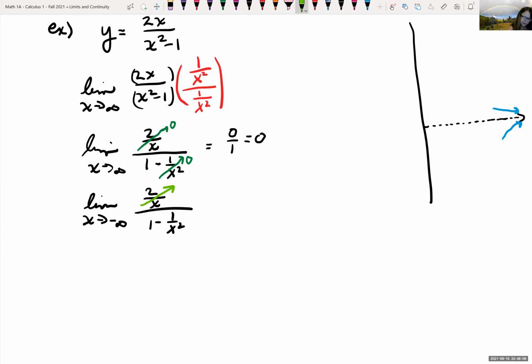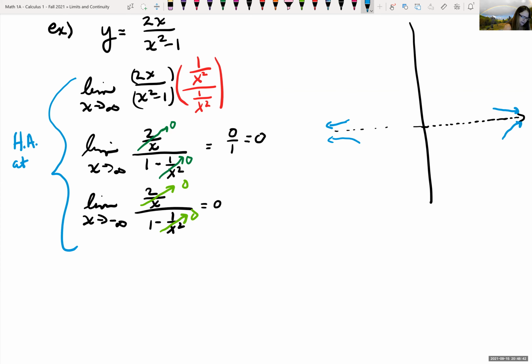These pieces go to 0 again, and so this also goes to 0. So again, I know that my graph has a horizontal asymptote at 0. I just don't know if it's above or below the x-axis as I'm approaching, and we'll figure that out again in a moment. So we just found that we have a horizontal asymptote, which I'm going to call HA, at the line y equals 0.